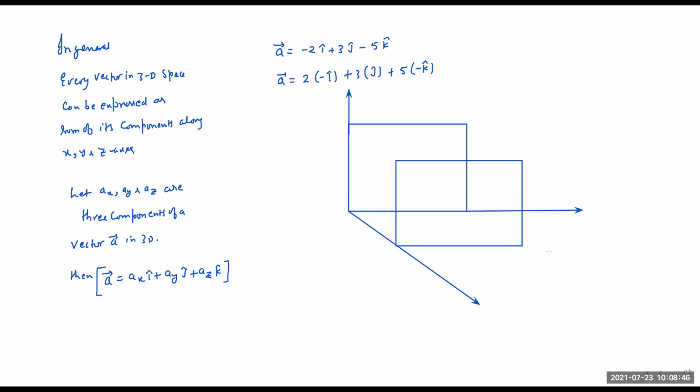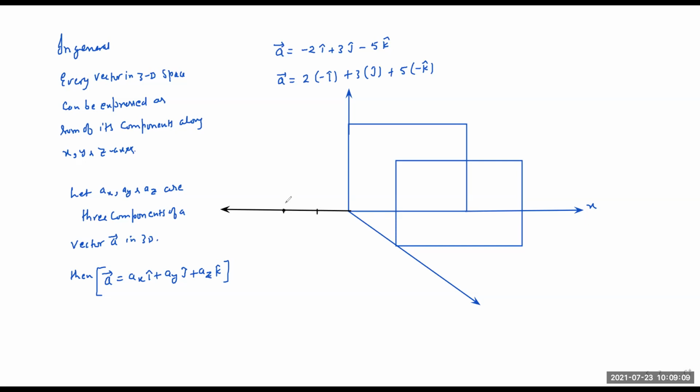The purpose is to represent a vector. So how will A be? It's 2 units in the minus x-axis. If this is the x-axis, I have to draw a minus x-axis, maybe going backward. So you move 2 units backward, and you are somewhere here.